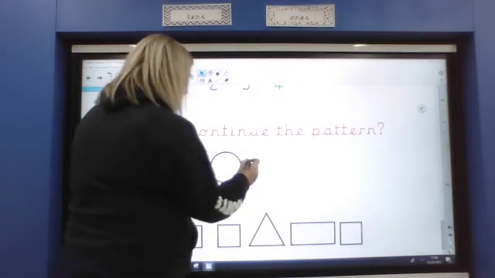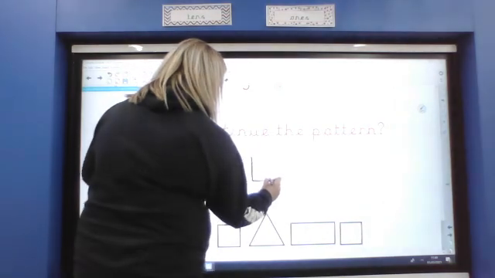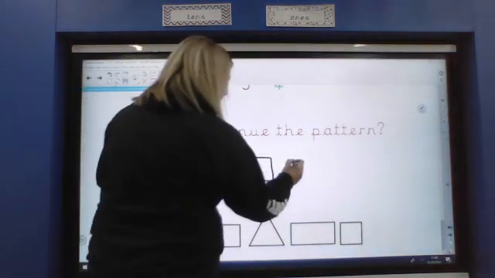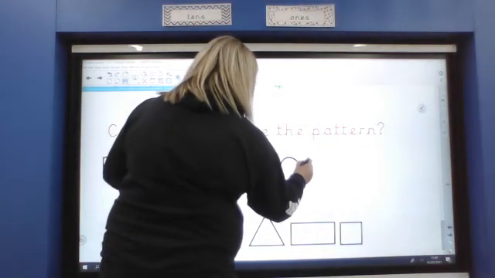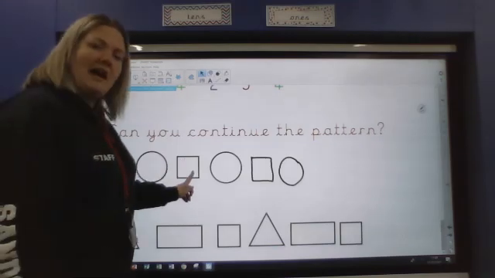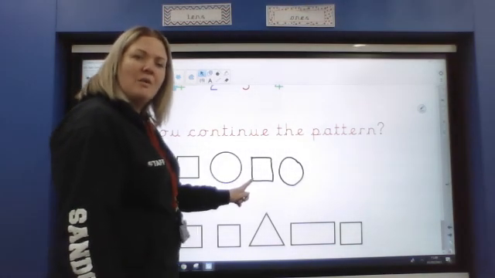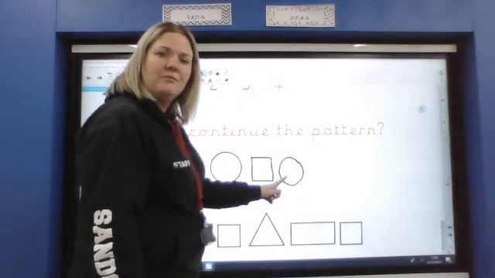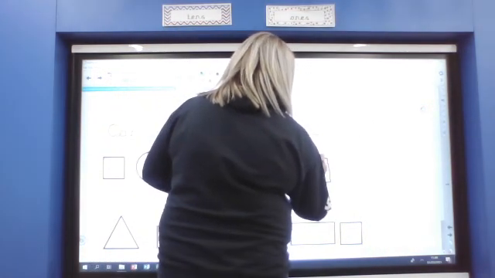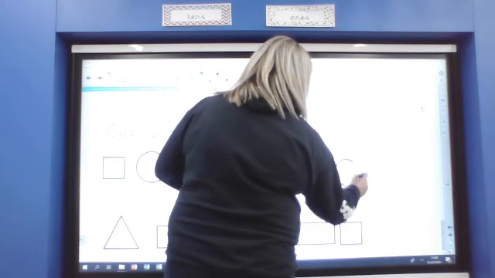Then I'd need to draw a square. Then I need to draw a circle. Let's just have a look. Square, circle, square, circle, square, circle. What comes next? Square, circle.